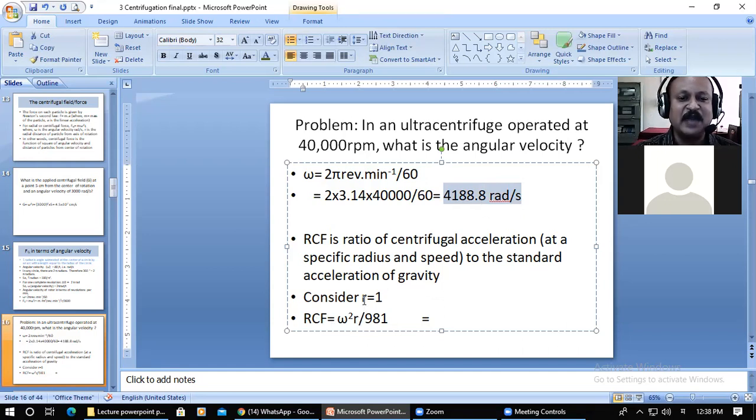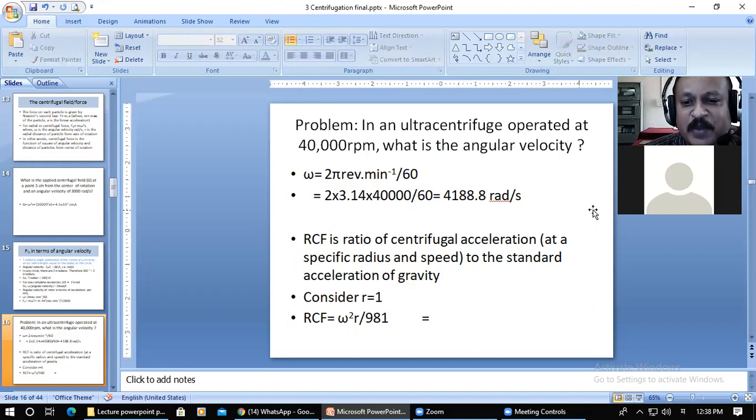Just consider that r is equal to 1 centimeter. The square of this number divided by 981 will give you the RCF, the relative centrifugal field or relative centrifugal force. These are quite simple problems, just for the sake of understanding.